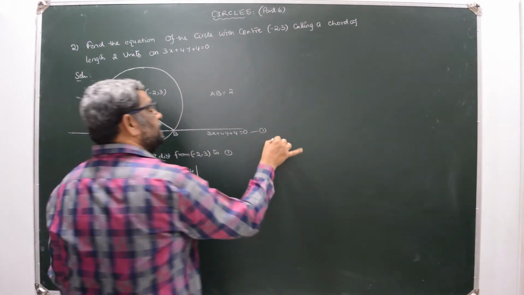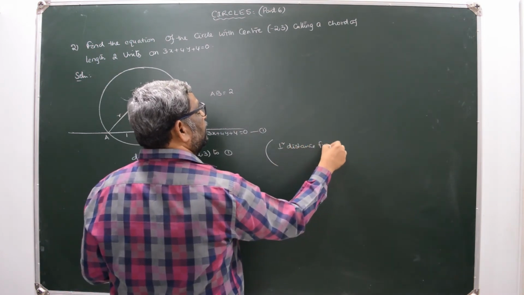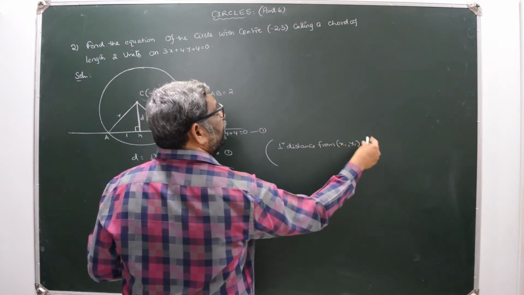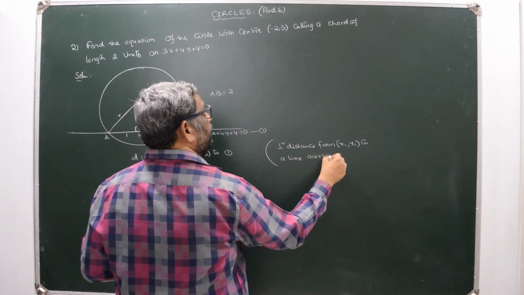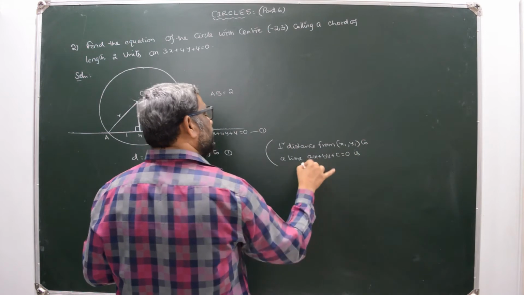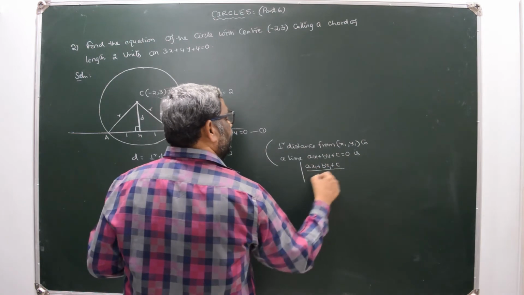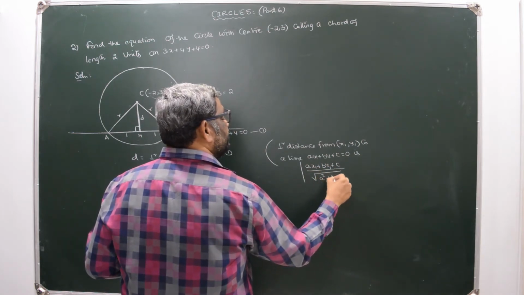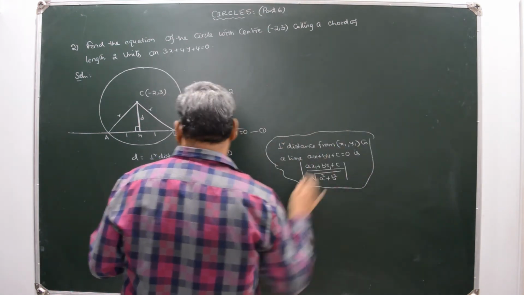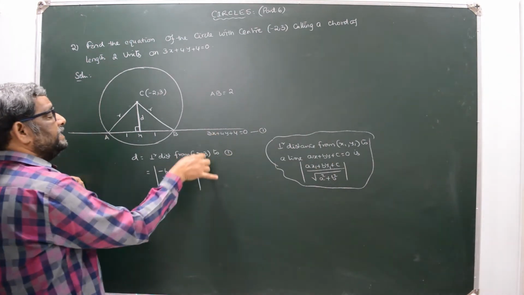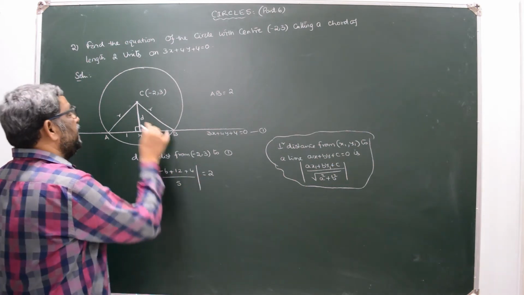The perpendicular distance from (x1, y1) to a line ax plus by plus c is equal to 0 is mod of ax1 plus by1 plus c by root of a square plus b square. So this is one formula, so I will make use of this formula here. So minus 6 plus 12 plus 4, this is 16 minus 6, 10, by 5, 2. D is equal to 2.